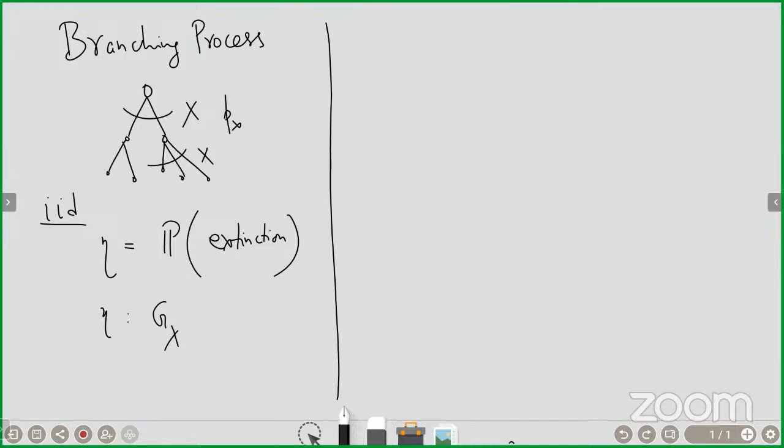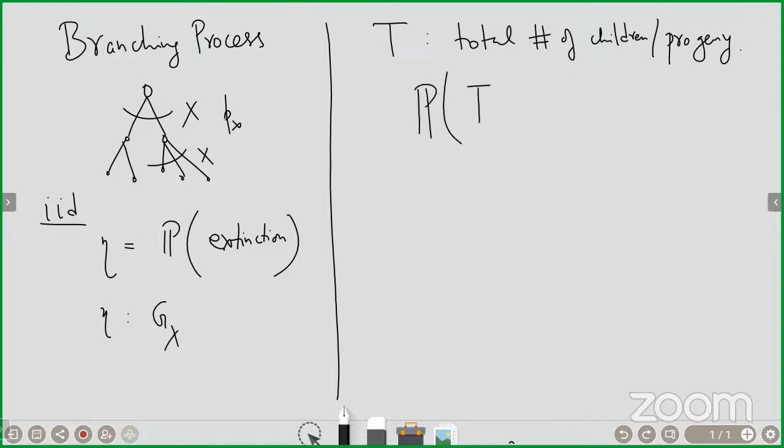What we want to do today is the following. If you recall the definition of T, it is the total progeny.